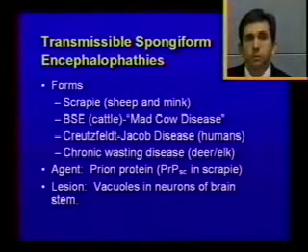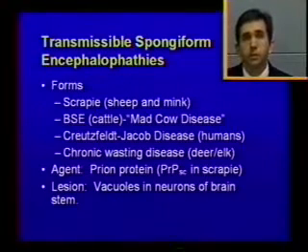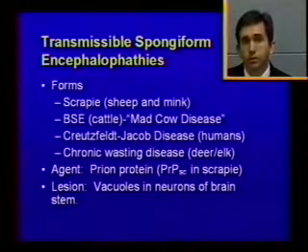The reason this has become so important is first it was discovered as a disease of cattle in Europe and other areas of the world, causing the disease known as mad cow disease, or BSE, bovine spongiform encephalopathy. It's very, very closely related to scrapie, and scrapie is present in the United States, but BSE apparently is not.